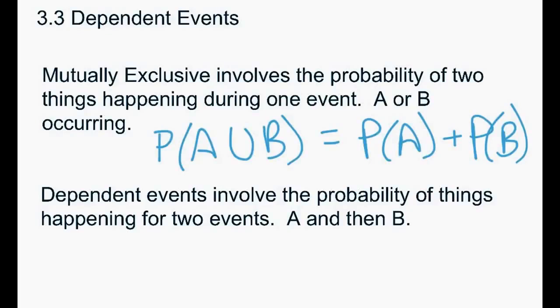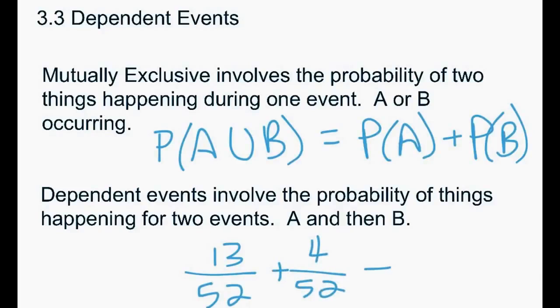If we said what's the chances you got a heart or a 7, we'd have 13 hearts, 4 sevens, but we had to subtract any overlap. So we'd subtract the ones that are hearts and sevens, which was 1 out of 52. That was the only thing to be aware of with mutually exclusive.